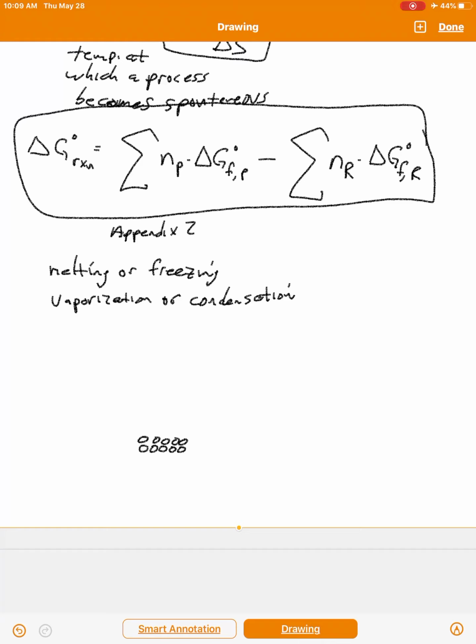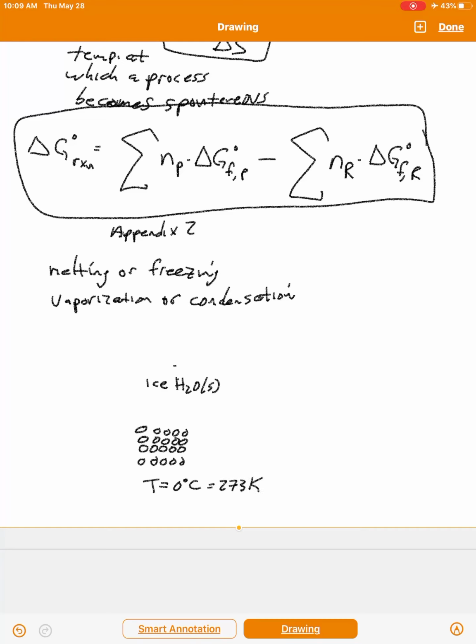And I'm going to use ice, which is really H2O solid, right? So suppose you have these ice molecules here, water molecules in the form of ice. And we raise the temperature to exactly 0 degrees C, which is 273 Kelvin.